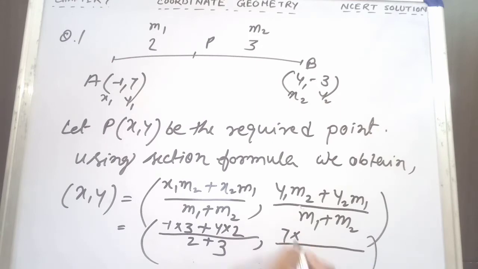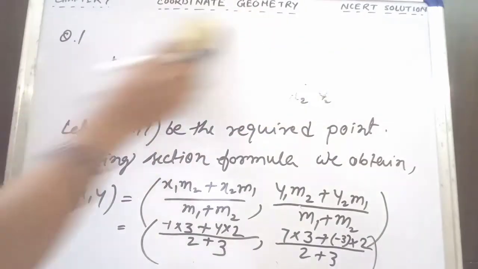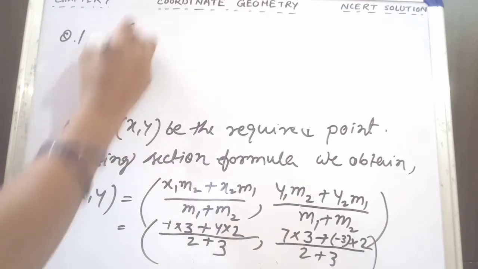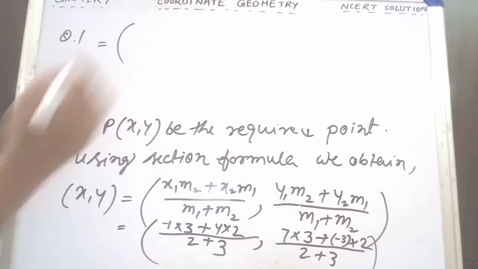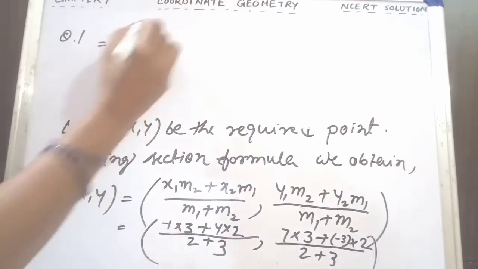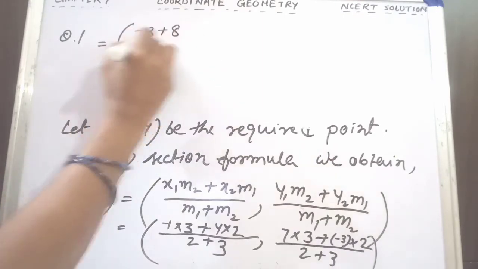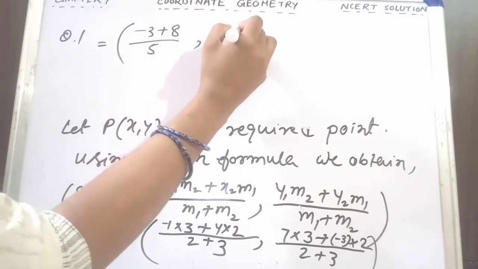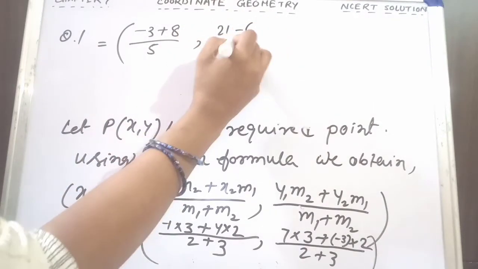What's the value of M2? 3, plus y2 is -3 into M1, 2, upon 2 plus 3. Are you getting my point, students? That is equal to (-3 plus 4 into 2, that means 8) upon 5, and (7 into 3 is 21, minus 6) upon 5.